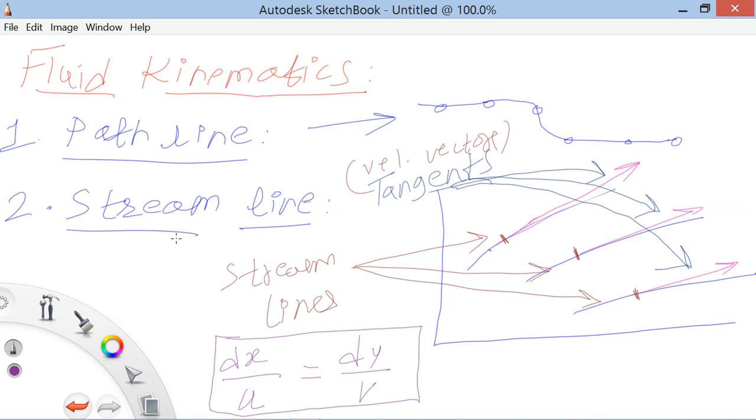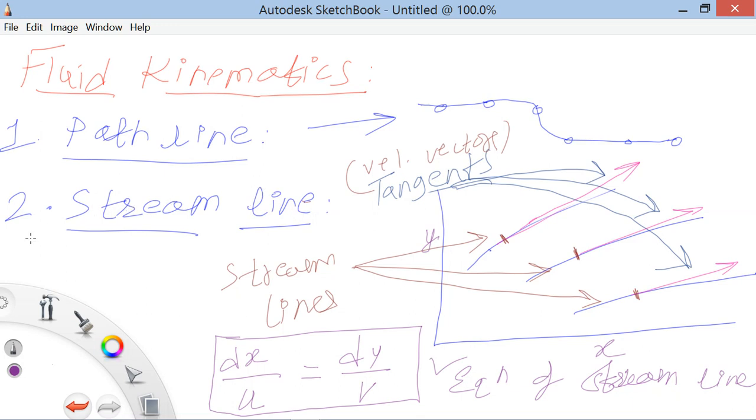So dx is the change in x direction divided by the velocity in x direction, which is u. dy is the change in y direction, that is the vertical dimension, this is your y axis, this is x axis, divided by the velocity in y direction, v. So these two ratios will be equivalent. So this will be the equation for your streamline. So remember this, the equation for streamline. Okay, so this is about this particular topic.